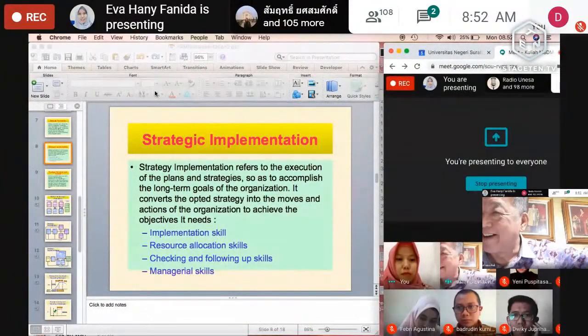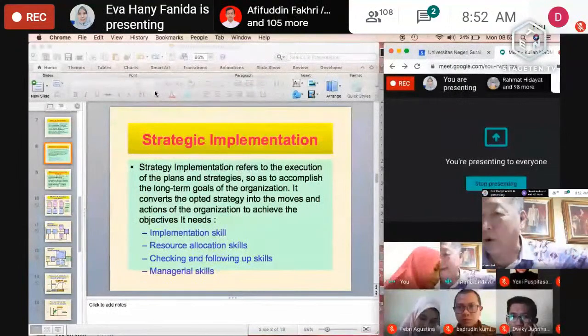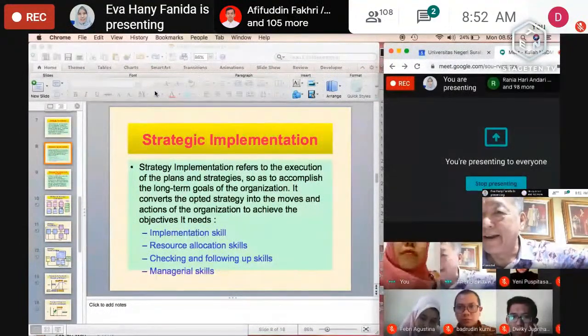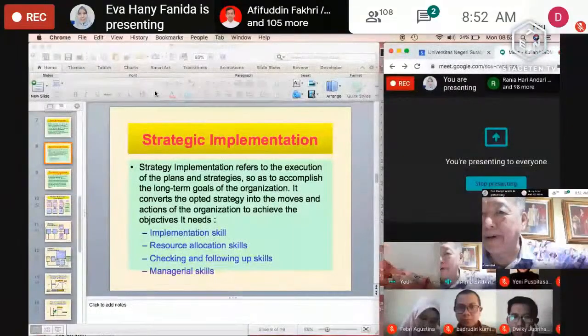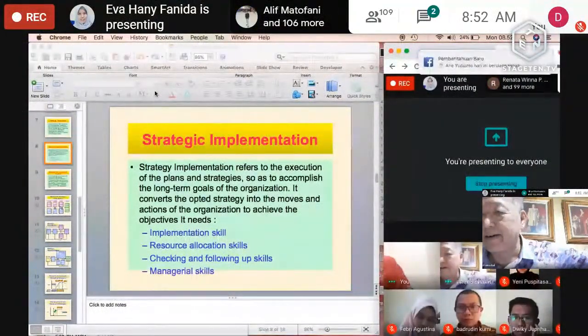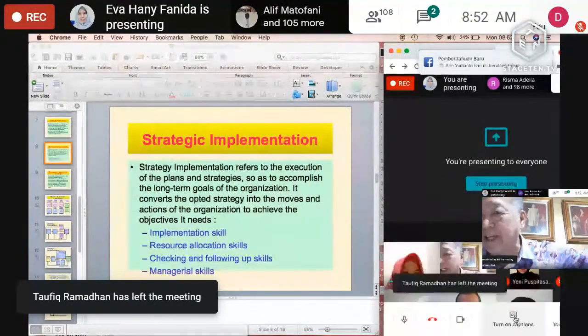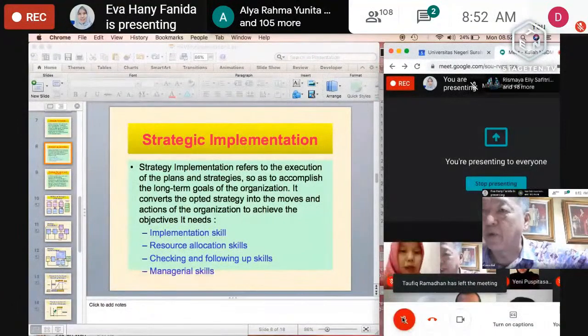When we talk about implementation, we have another subject we call public policy. Public policy includes three stages: policy formulation, policy implementation, and policy evaluation.